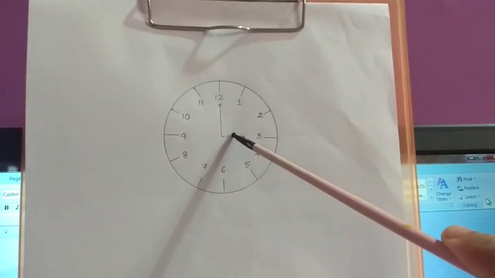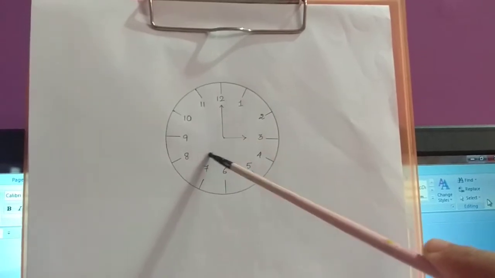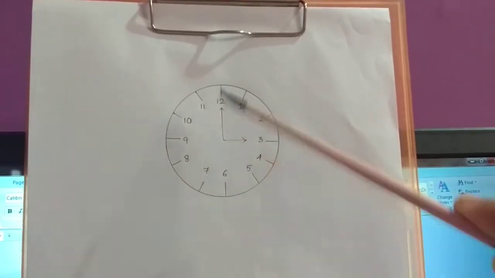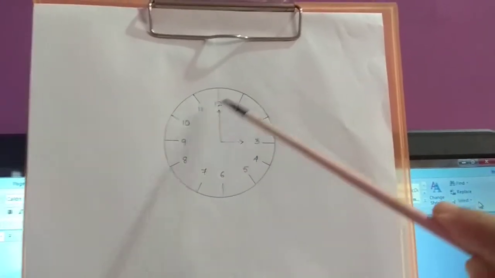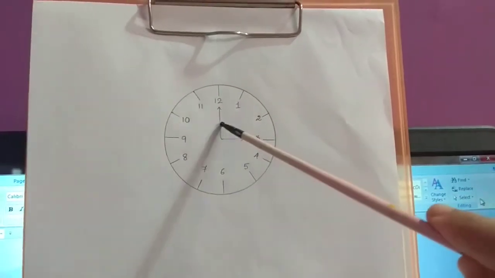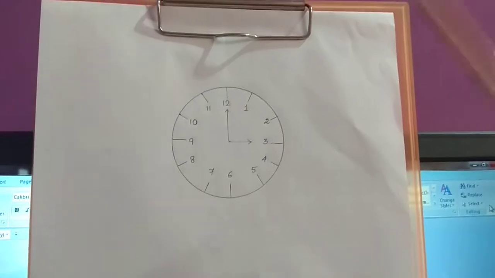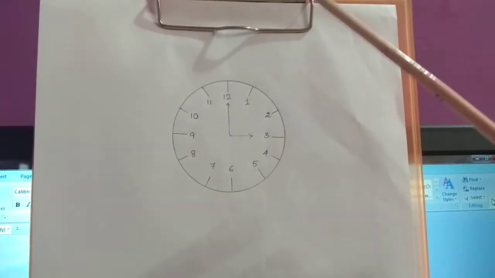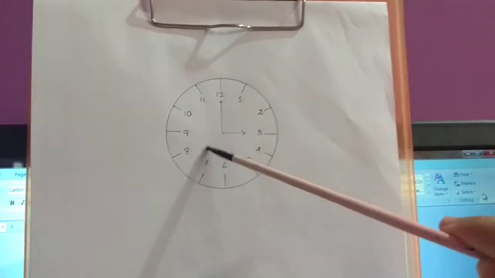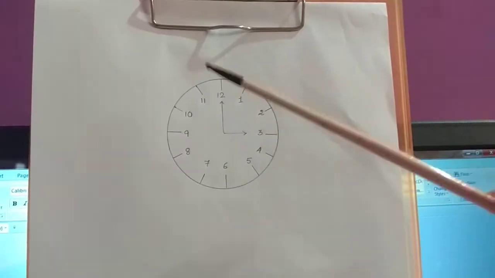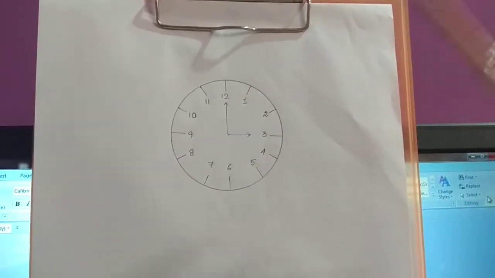The inner angle is 90 degrees, so the outer angle is the reflex angle. If the inner is 90 and the total is 360, then the outer angle will be 270. That means at 3 o'clock the reflex angle between the hands of the clock is 270 degrees.